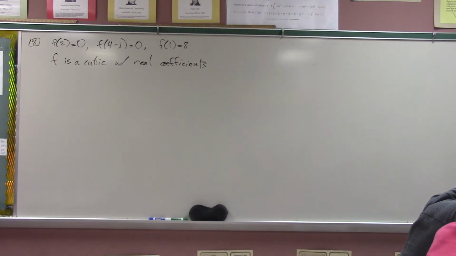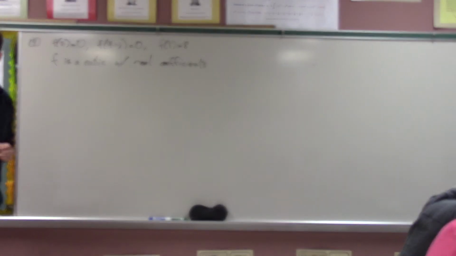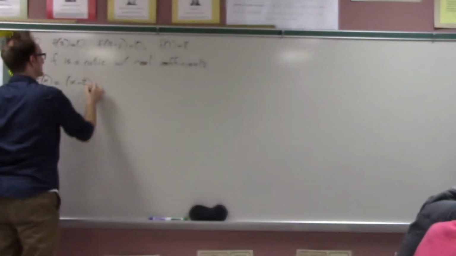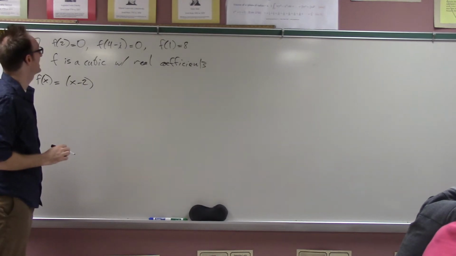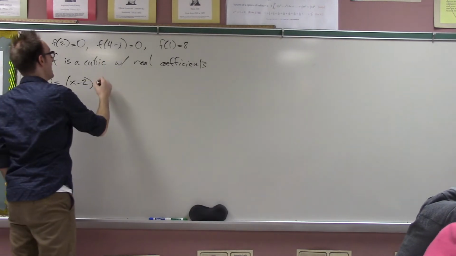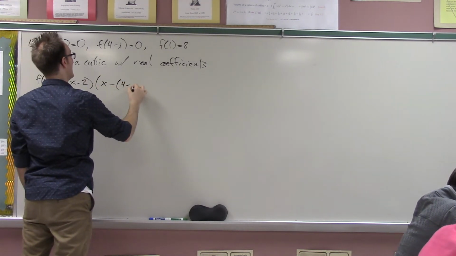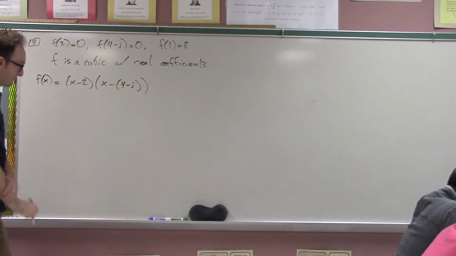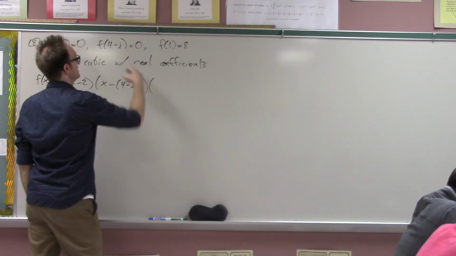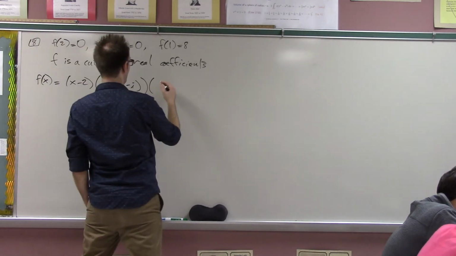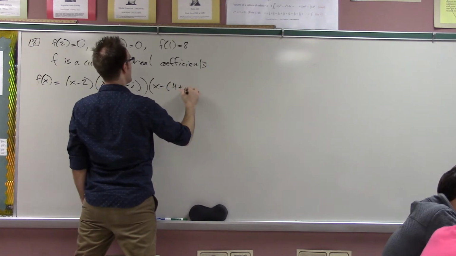For this, there is the long way and the short way. The long way is to say, well, this function must look like, by the factor theorem, since 2 is a root, x minus 2 is a factor, and since 4 minus i is a root, then x minus 4 minus i is a factor, and since complex roots come in conjugate pairs, 4 plus i will be a factor also, so x minus 4 plus i will be a factor.